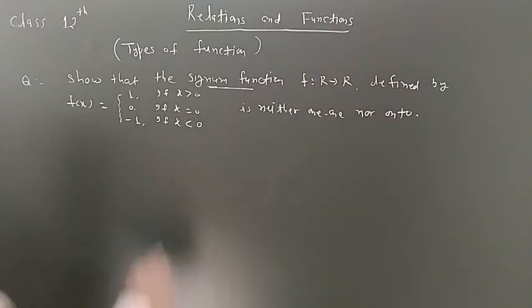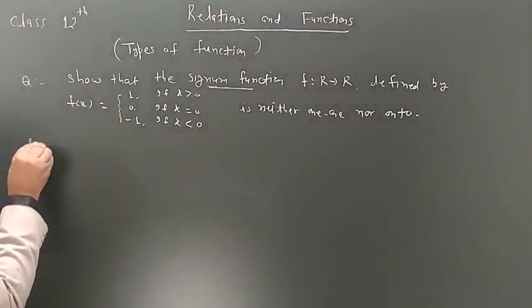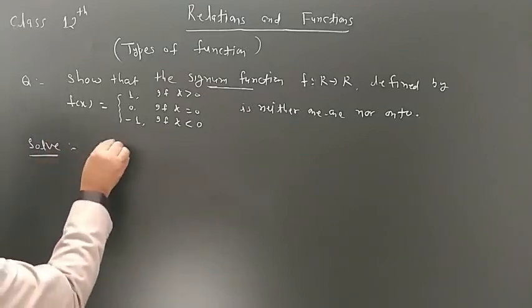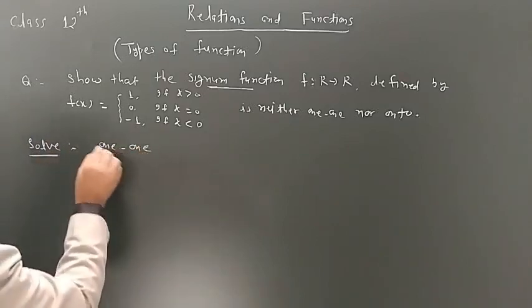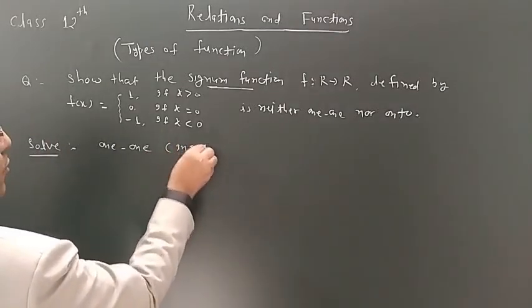So we want to prove that this function is neither one-one nor onto. Solve. First, we check whether the function is one-one or not.